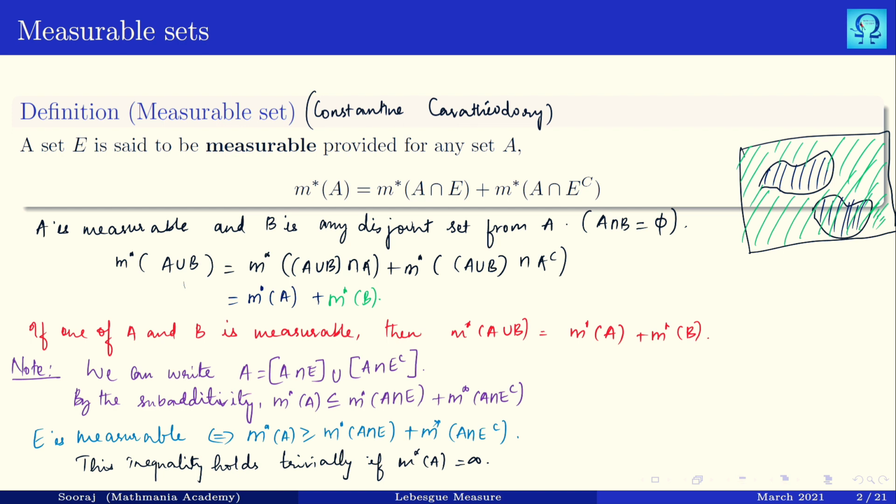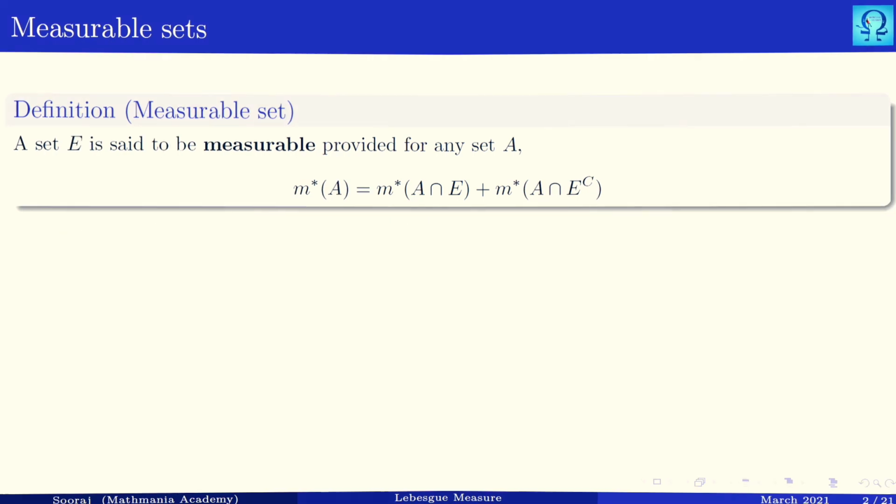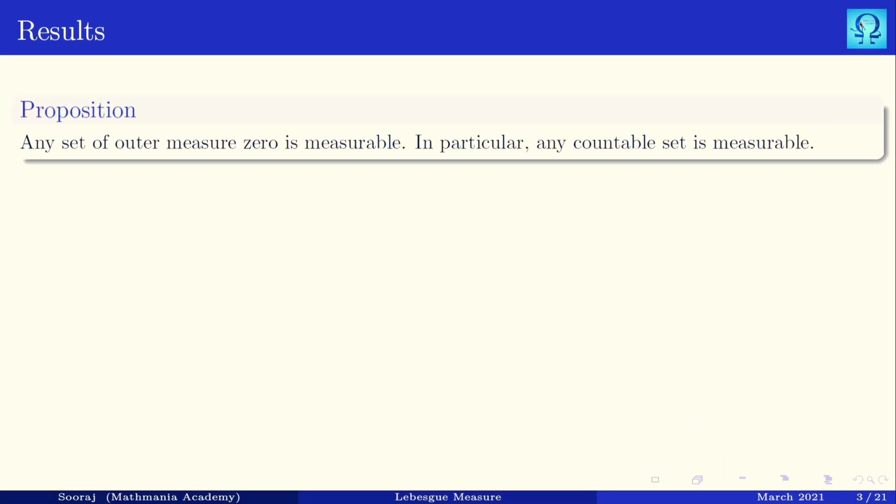Right. So now let us see a few propositions. Any set of outer measure 0 is measurable. In particular, any countable set is measurable. First of all, let us prove the theorem for a set with outer measure 0.